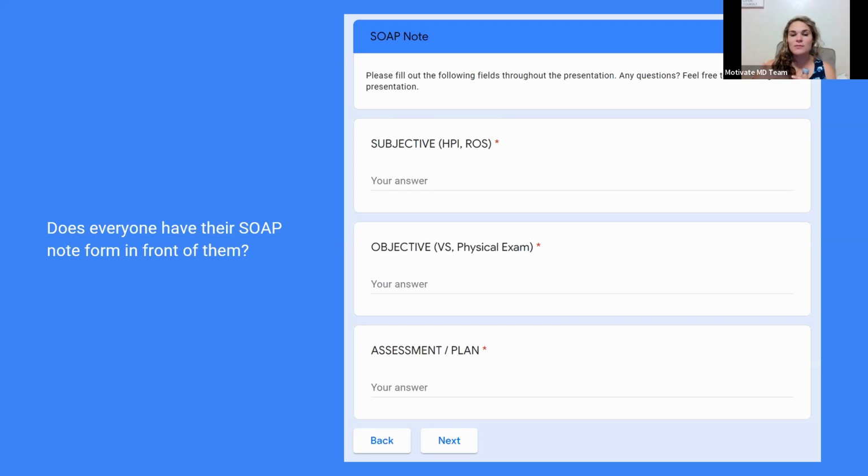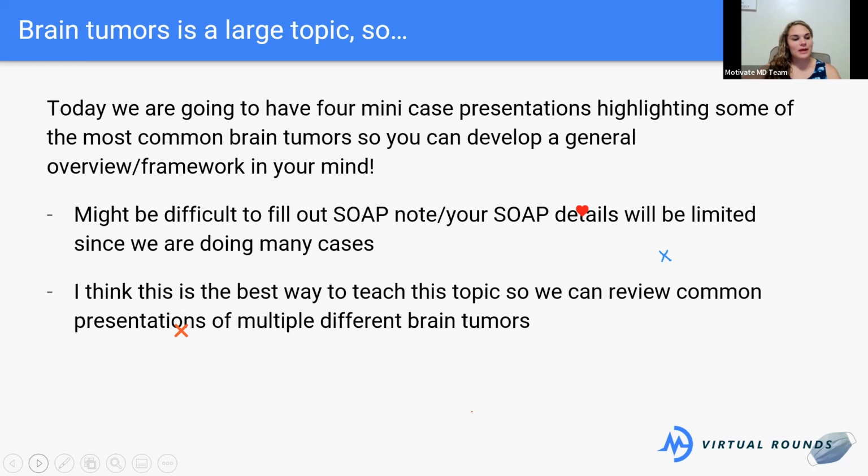You might not be able to fill out the SOAP note for all of it, but you could choose to focus on any single case as we go through. We're just going to go through 4 mini cases to highlight the different brain tumor pathologies, so you get a good overview of the different types of brain tumors.